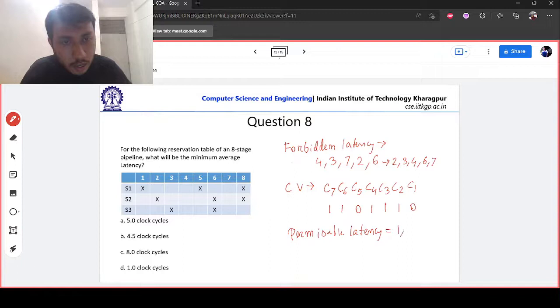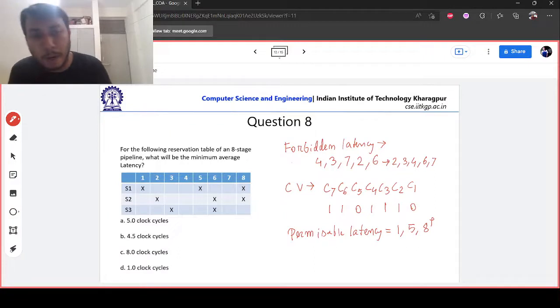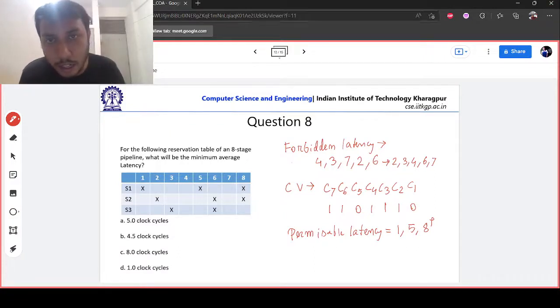That is 1, 5 and 8 plus; all latencies are permitted. So we have found out what are the forbidden latencies, what is the collision vector, and what are the permissible latencies. Clear? Let's now go to the next part.